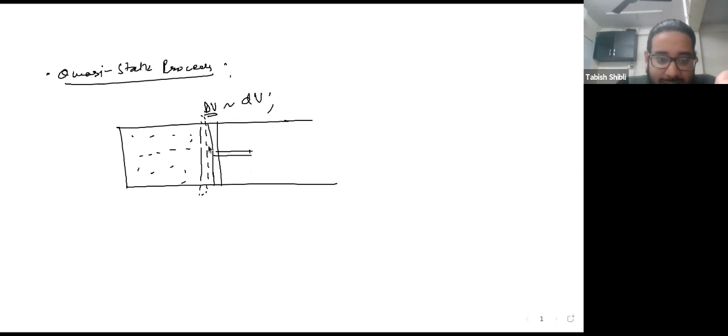What else I can do is I can increase the pressure from outside. That I'm putting in the external pressure, P external. But I can also change that by some delta P, so that it again pushes inside.